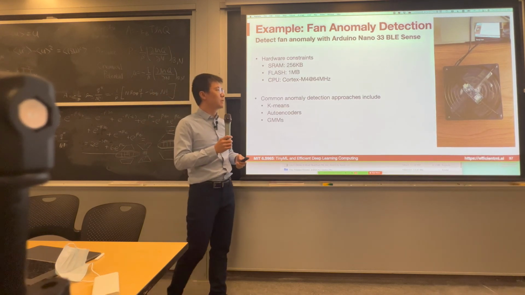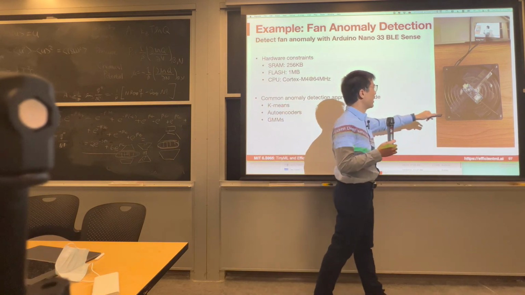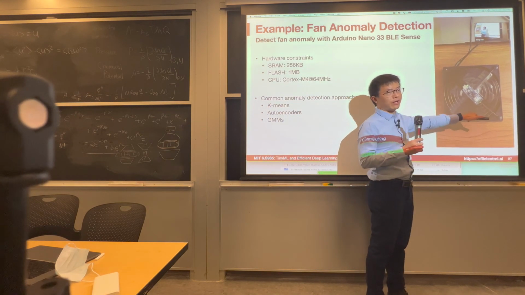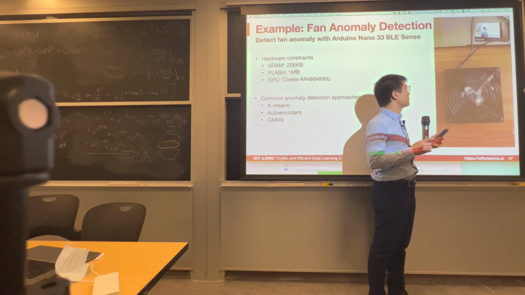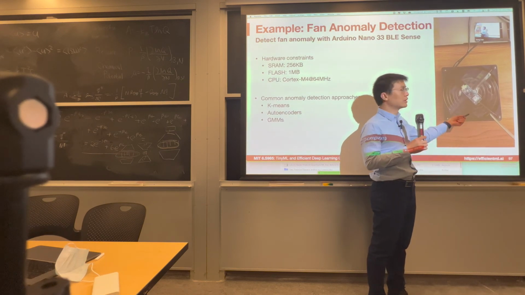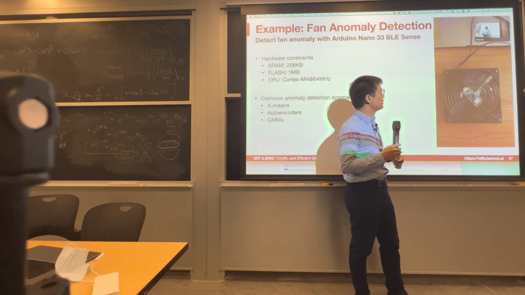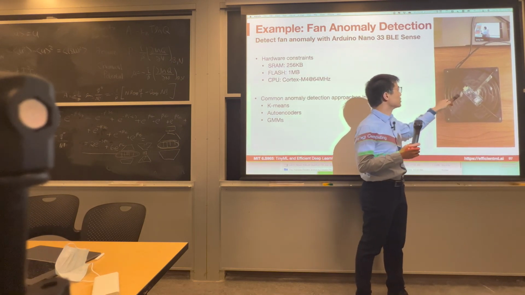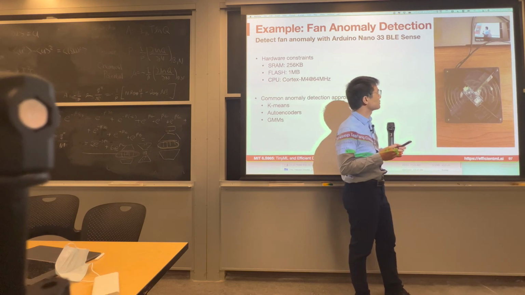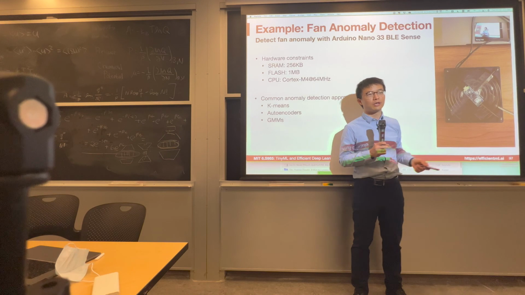And here is a demo for anomaly detection we have in our lab. So this is a fan, right? And here is a light right here. If you poke into the fan, this yellow light will turn on, right? And will disappear. So this light shows that something abnormal happens.